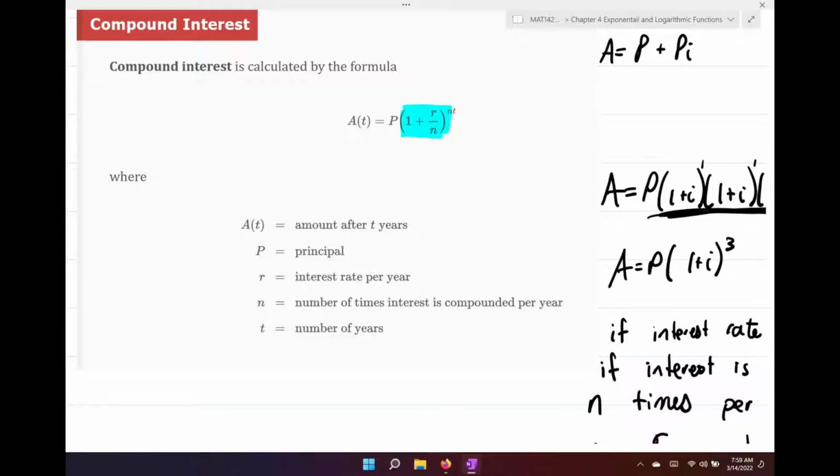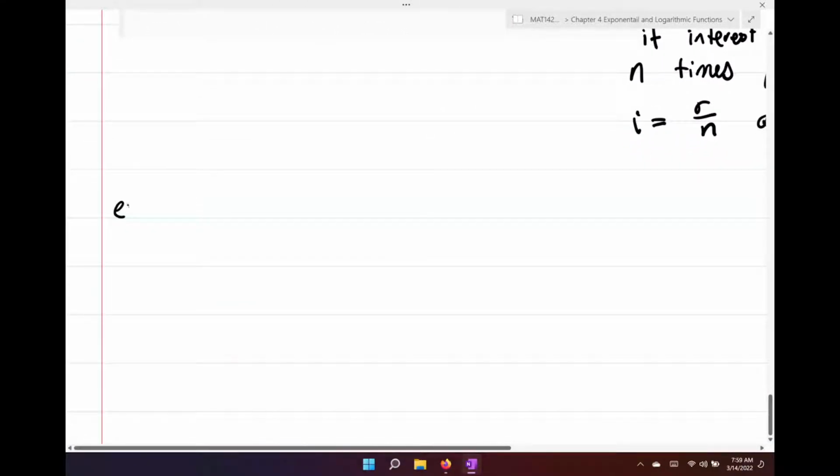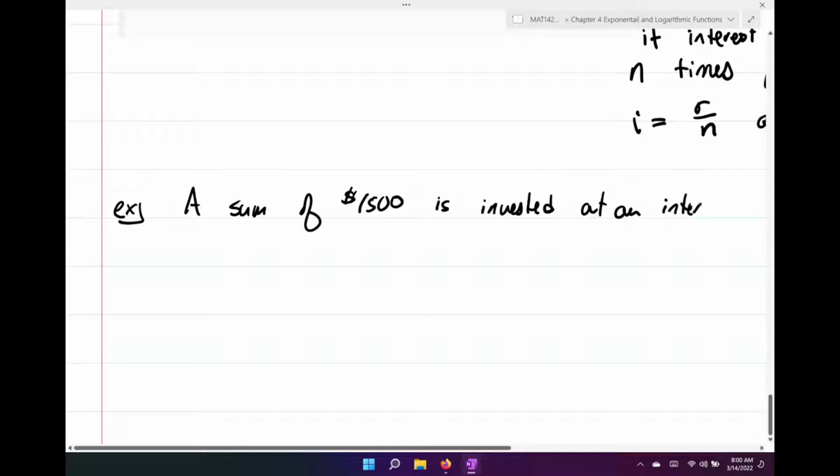All right. So a simple, easy example will be something along the lines of a sum of $1,500 is invested at an interest rate of 12% per year.